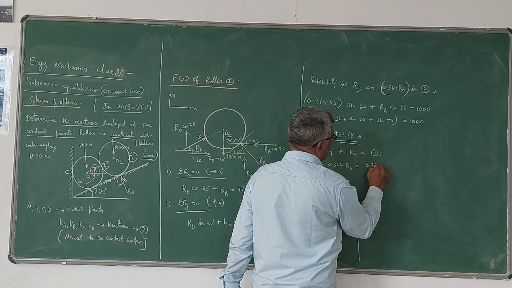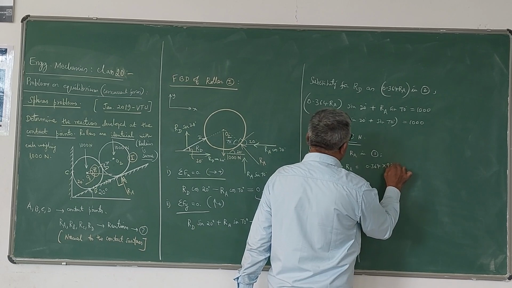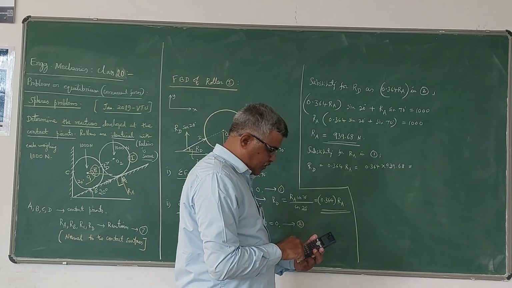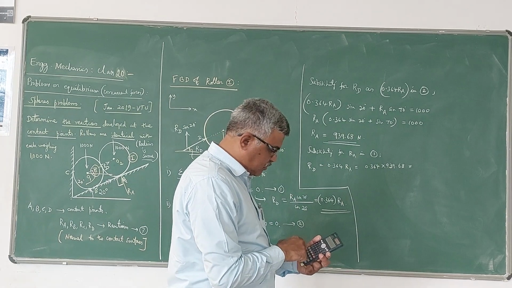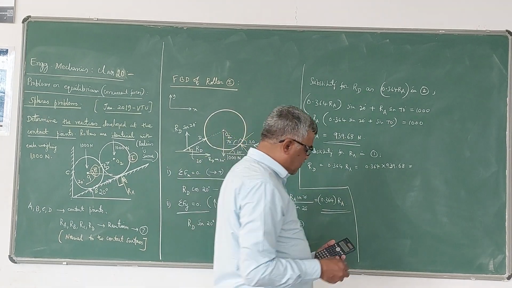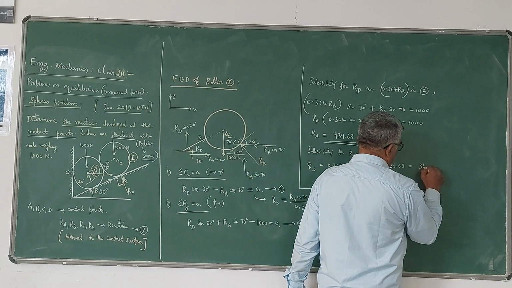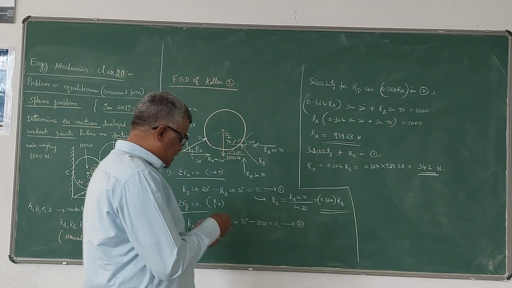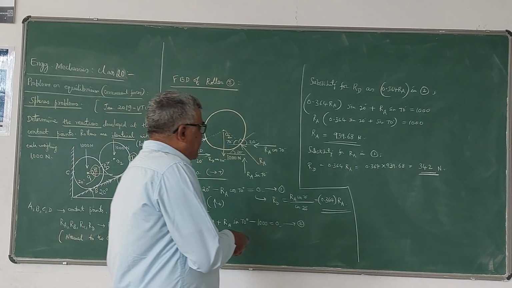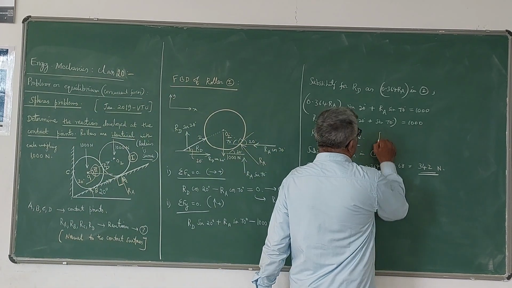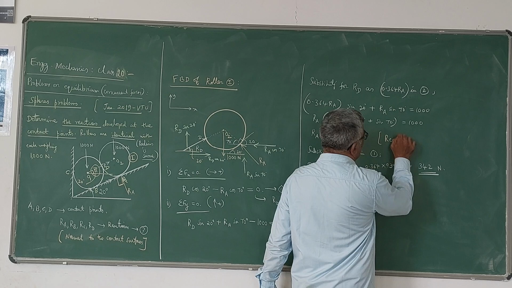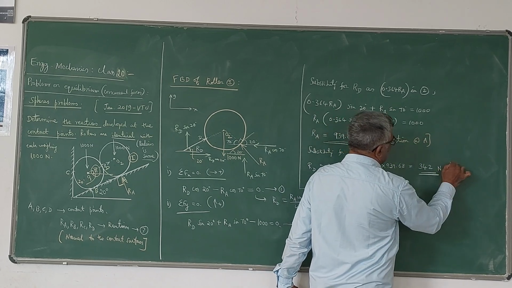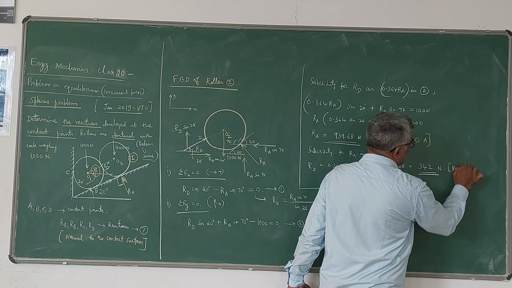So 0.364 into 939.68, which comes out to be 342 Newton. So these are the reactions at A and D. That means by taking the free body diagram of the first roller, we got the reactions at A and D.